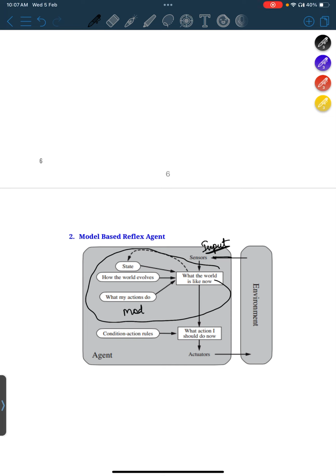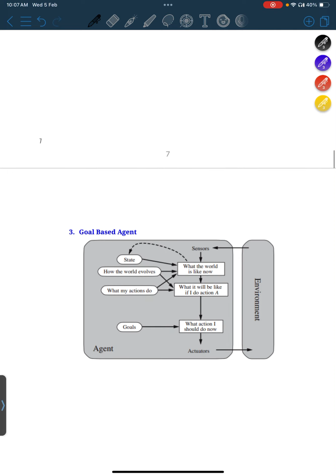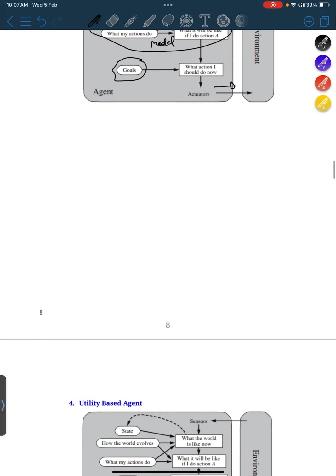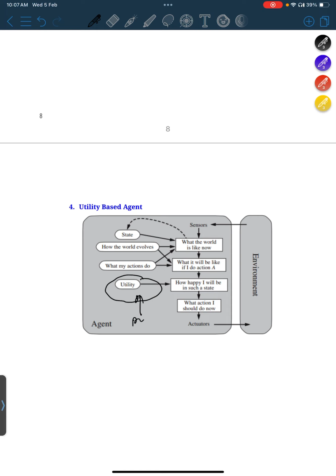Based on this model, it will take the decision. Model plus input will define the action of the agent. Then there is the notion of goal, and based on this the output. Then the utility based agent will have this utility and will try to maximize it.